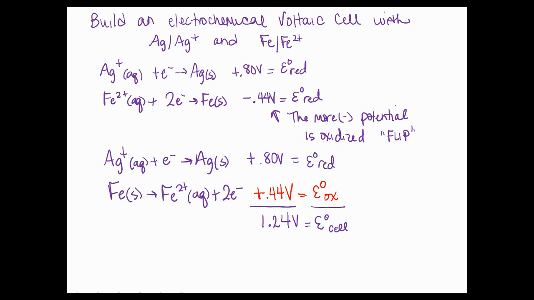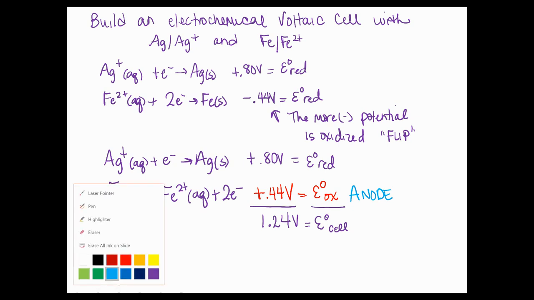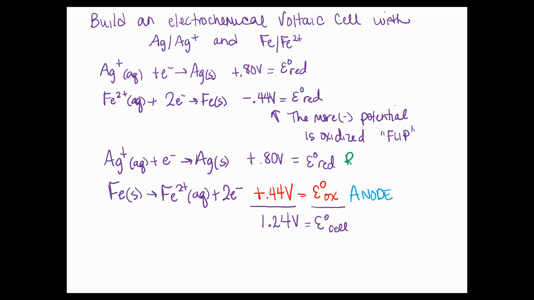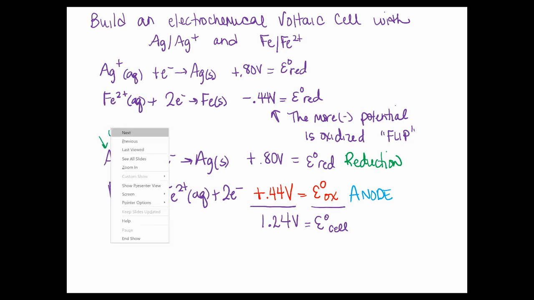Okay, adding on to this. Who's going to be the anode? Anode is oxidation. Who's the cathode? Cathode is the reduction. Who's the oxidizing agent? Well, oxidizing agents cause oxidation, so they're reduced. So silver ion is the oxidizing, oops, I didn't mean to do that.